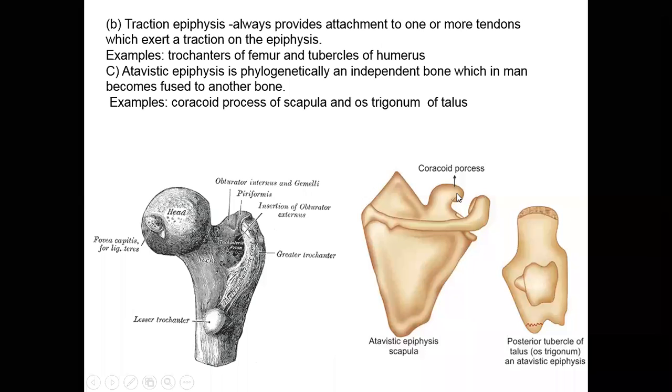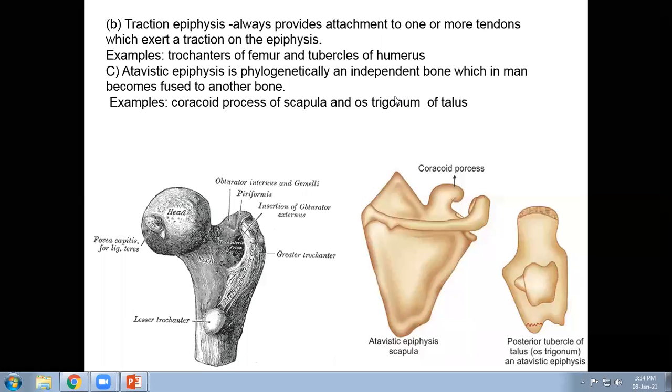Coracoid process was actually a separate bone, but then it fused with the scapula. So this type of epiphysis is called atavistic epiphysis.